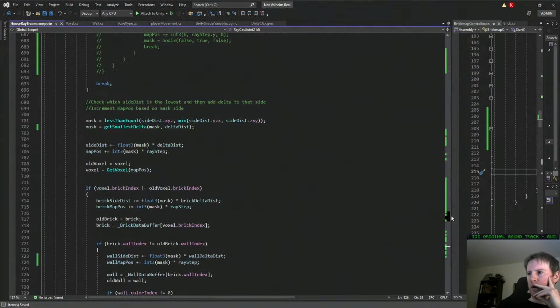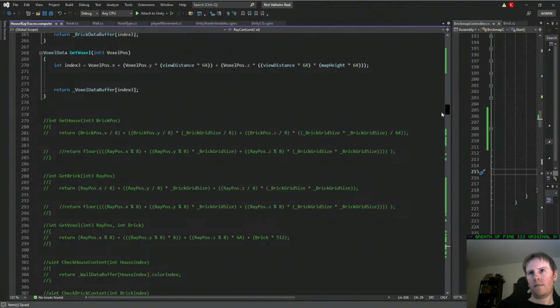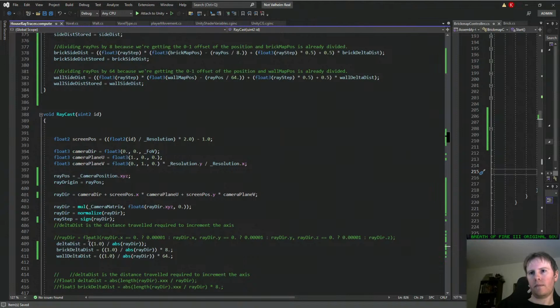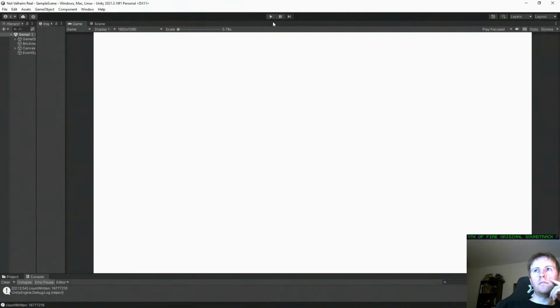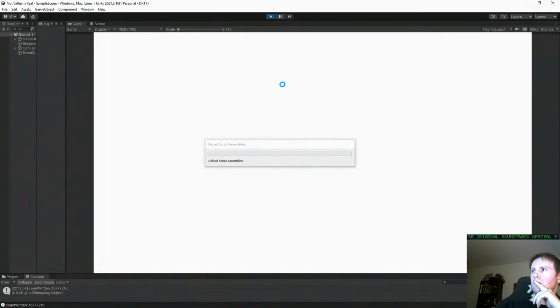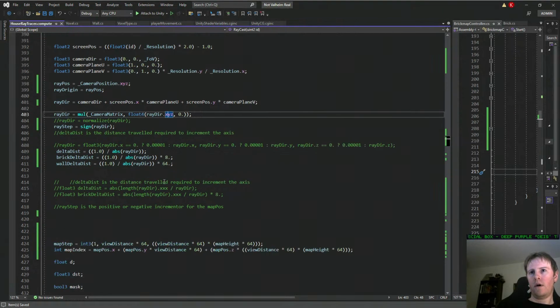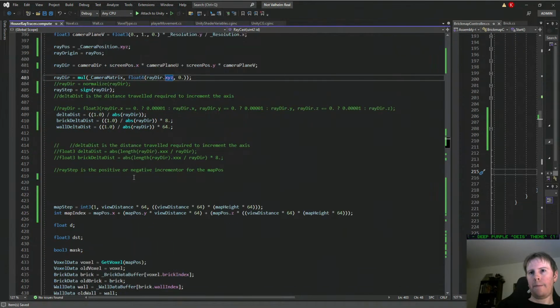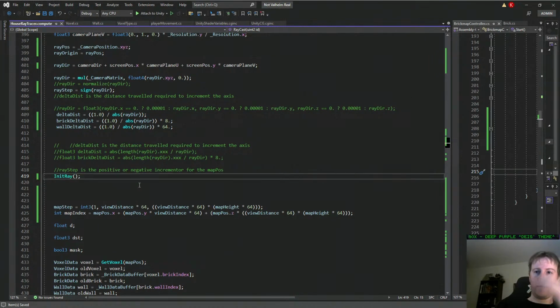Now the question is, is the ray direction messed up because it's normalized? Oh, no, no, no. We forgot to do init ray in the first place, so the ray doesn't exist.